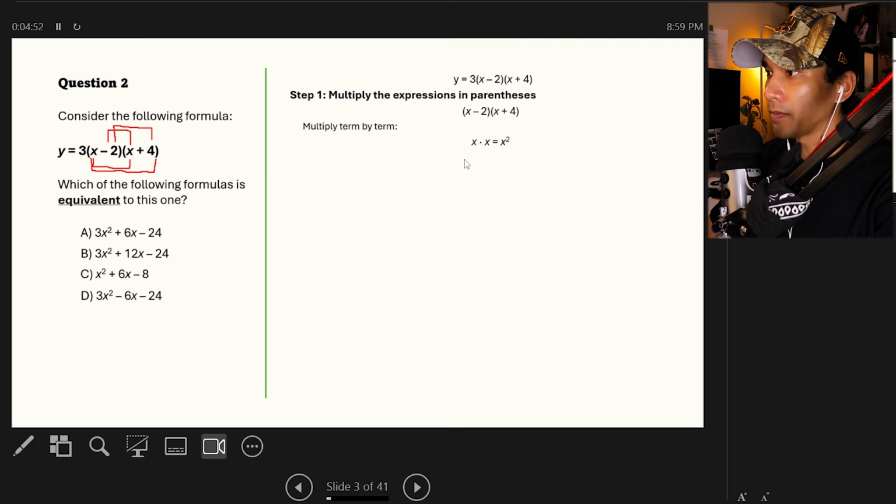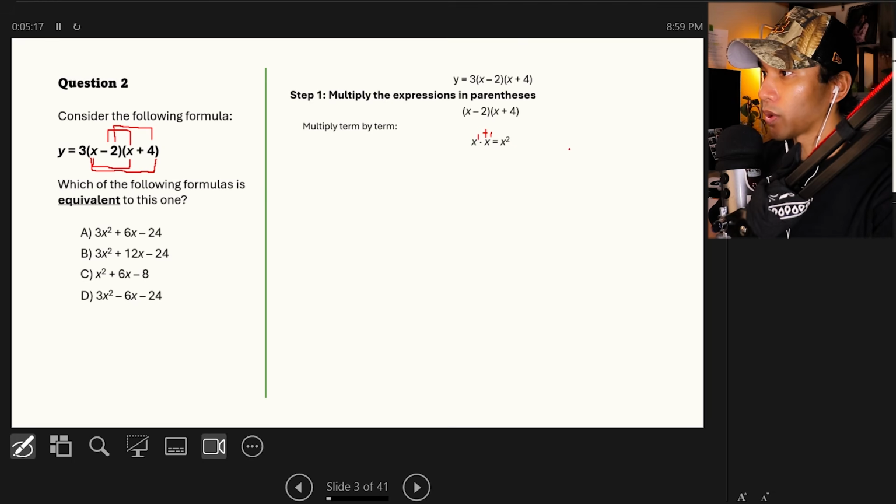Multiply term by term. x times x equals x squared. I just want to point out that x times x is actually x to the 1 times x to the 1, and then you add these exponents, 1 plus 1 equals 2.